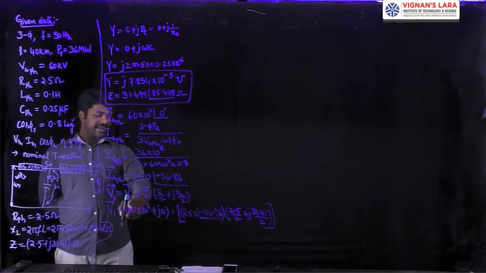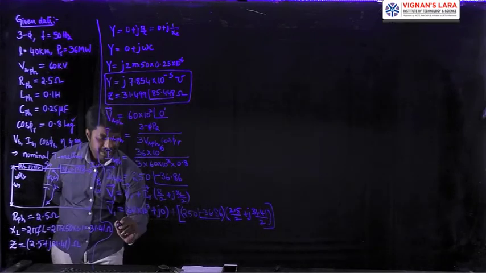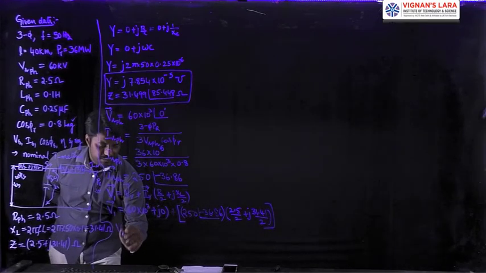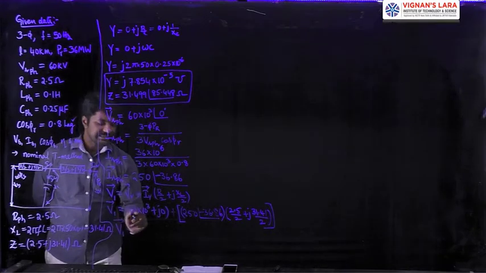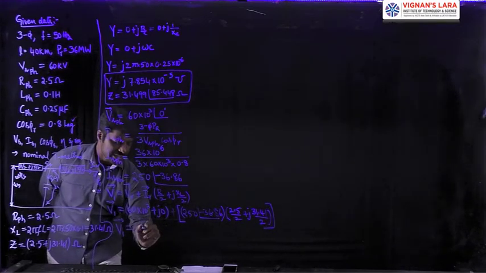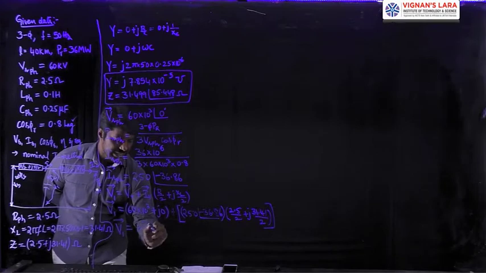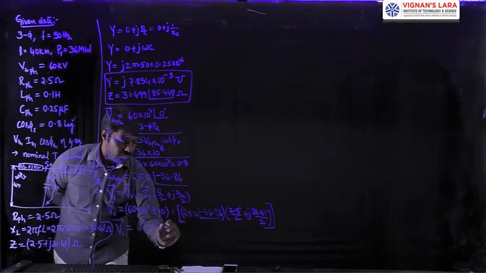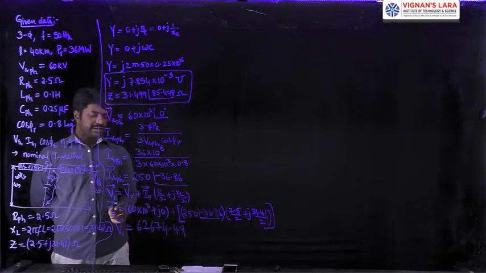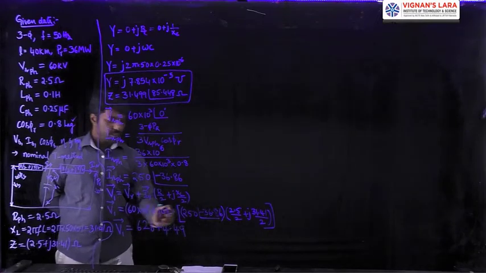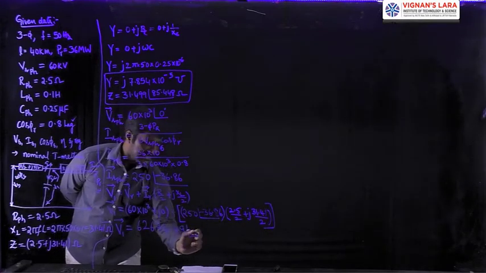Simplifying in the calculator, you will get the magnitude of this voltage V1, that is the voltage across the capacitor, as 62,674.49. This much voltage you can observe, which is a leading phasor.